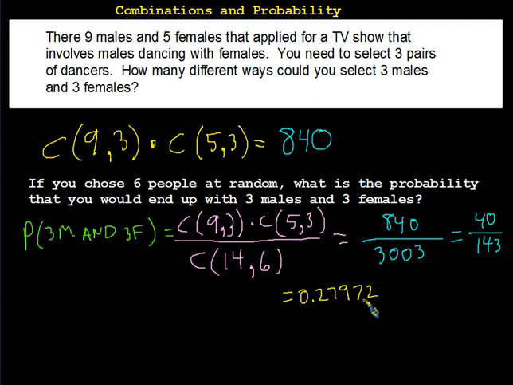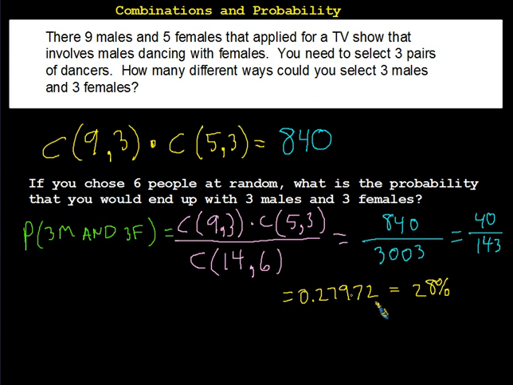And I ended up coming up with 0.27972 and then a lot more decimal places. In fact, it looks like this repeats. But we're just going to round it to, let's call it maybe 28%. And that gives us a rough idea of the probability.